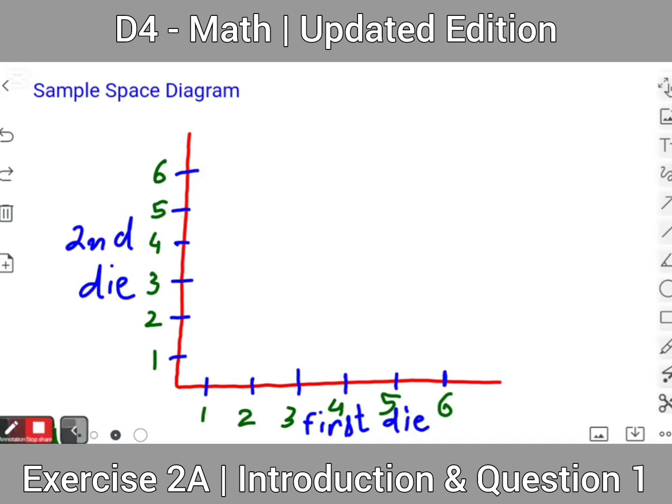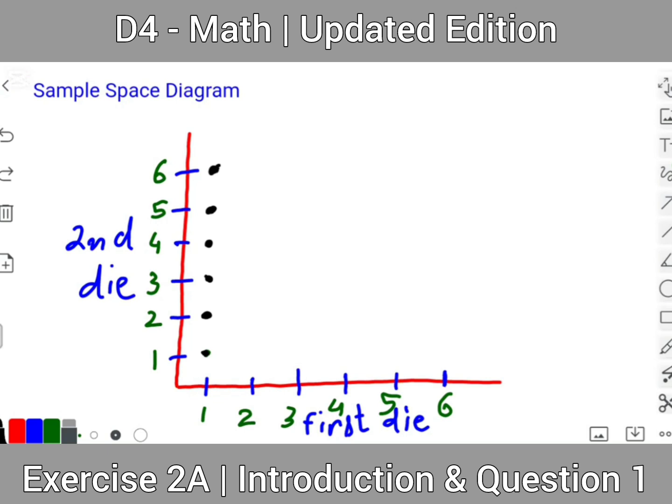For 1, 1, we put 1 dot. For 1, 2, we put another dot. For 1, 3, we put another dot. For 1, 4, we put another dot. For 1, 5, here is another dot, and for 1, 6, here we have another dot.